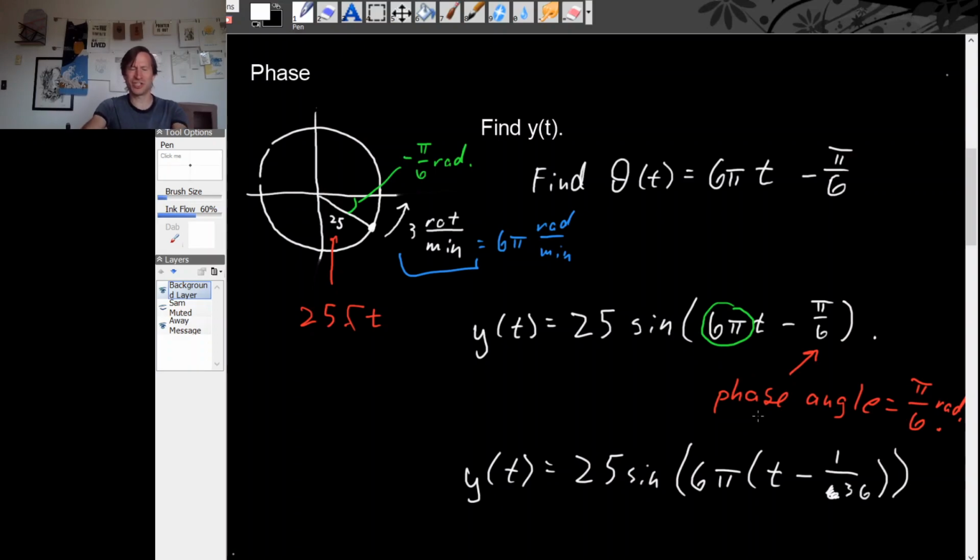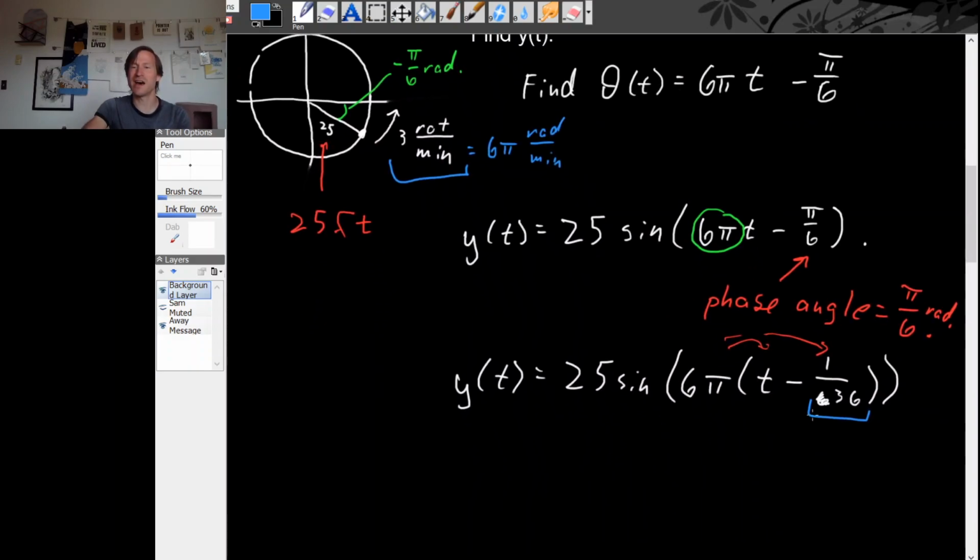Okay, just to check that, you can distribute this 6 pi back through to make sure that you get what we had before. So now this quantity here, this 1 over 36, is genuinely a shift in time.